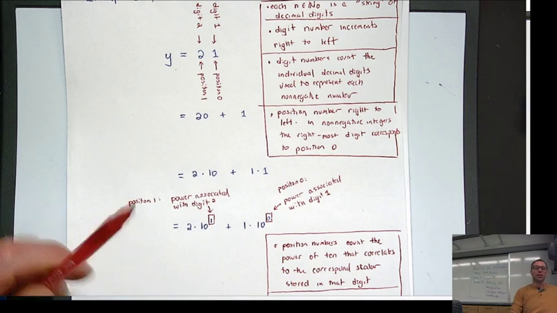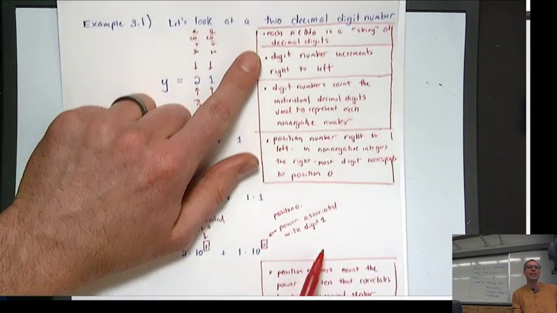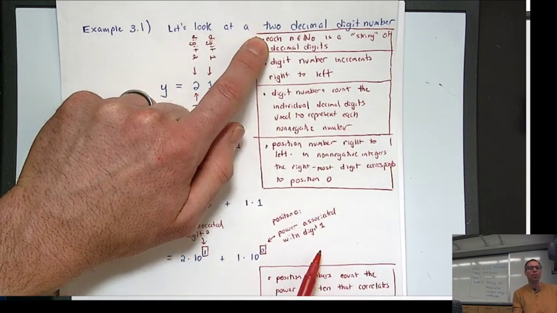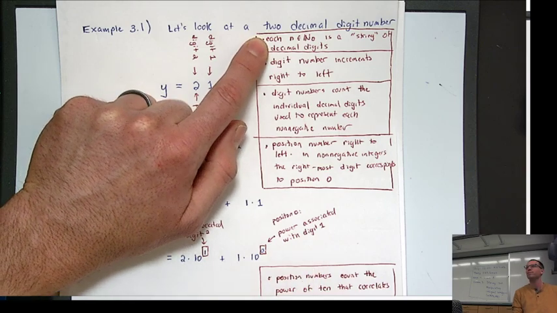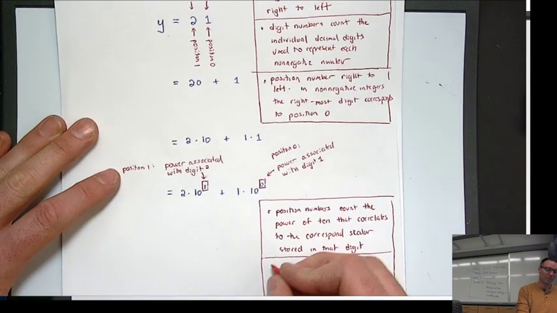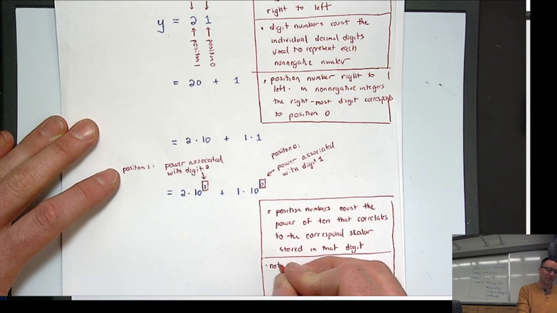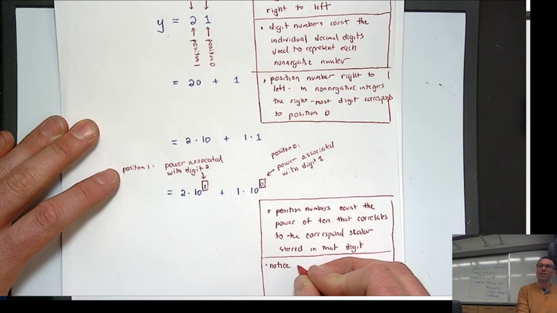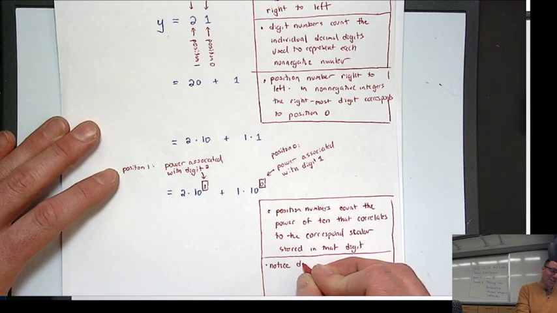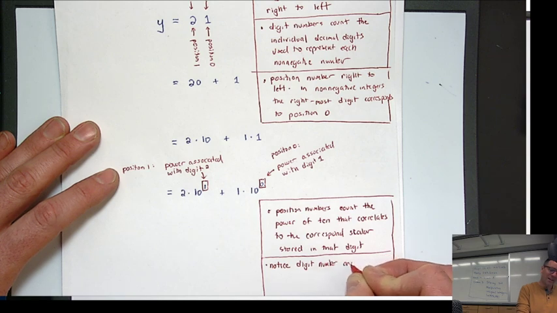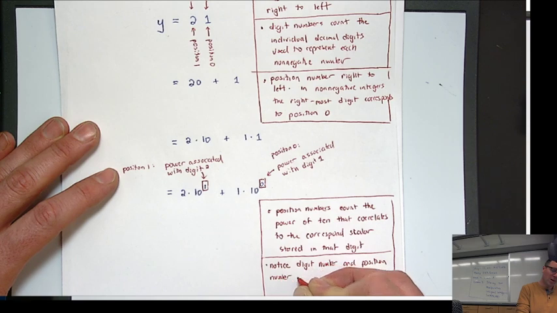So now let me ask you this. What is the connection between digit number and position number? Notice, the digit number and position number are not identical.